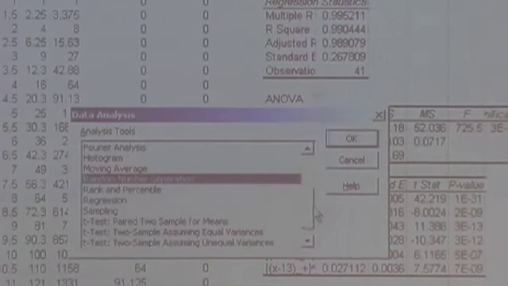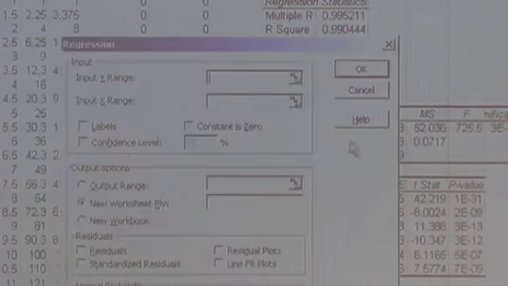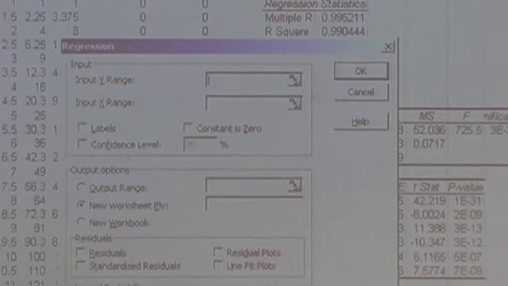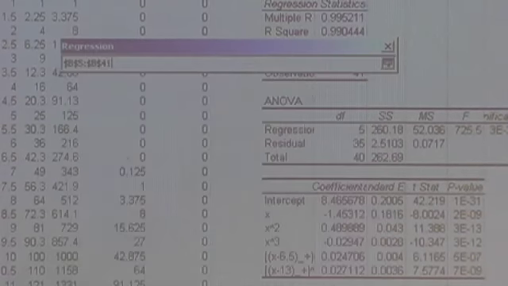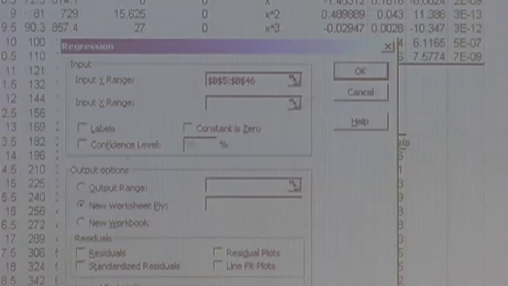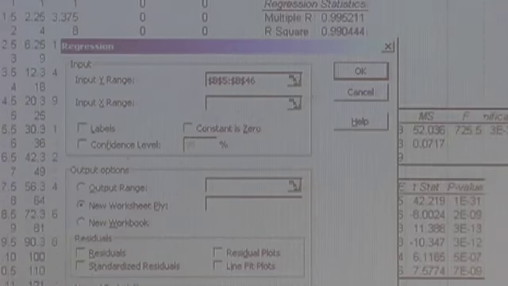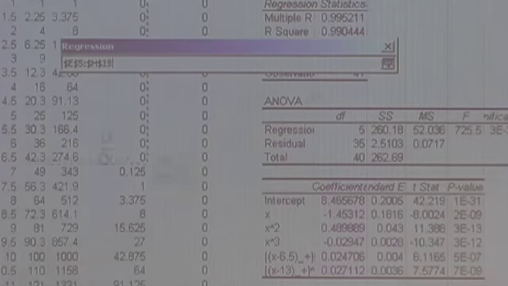Okay, input Y range, voltage drop. Here it is. Input X range. Let's put all of these, but not the last one, right?